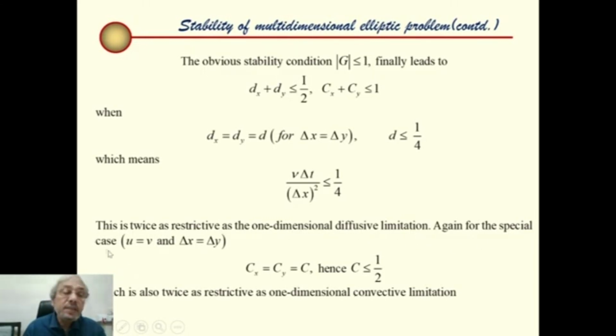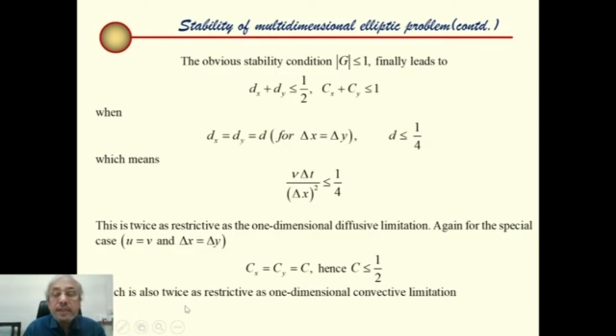Again, in the spatial case, we can say the velocity in x direction and y direction, if we assume that those are the same, and again delta x equal to delta y, then it is possible to write cx equal to cy equal to c, and then this is less than or equal to half.